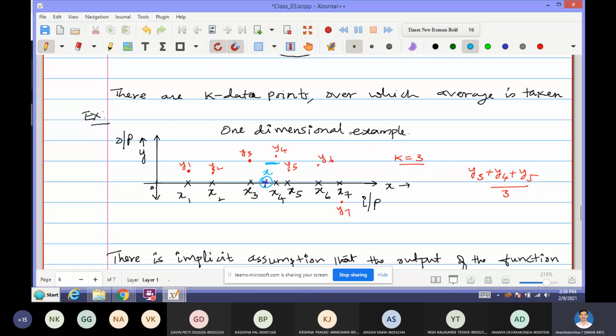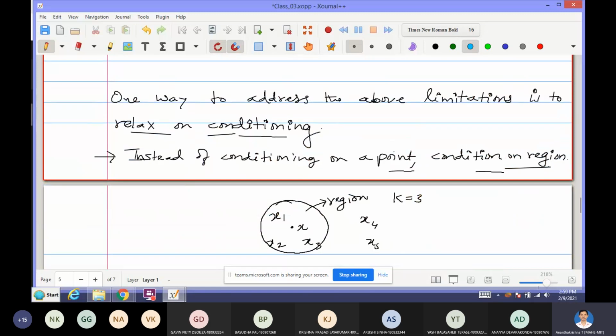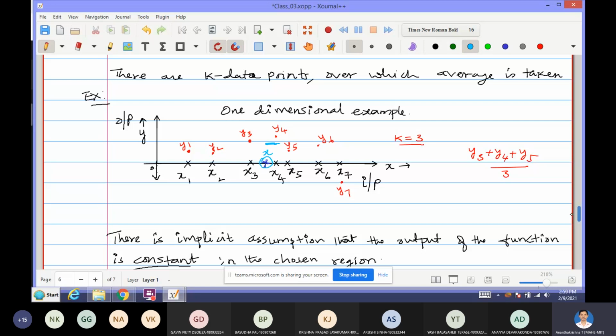Look at this: by relaxing the condition, instead of taking a point, we have now considered a region. Just by relaxing the conditioning, we have obtained the k nearest neighbor. Hope you can make that statement.